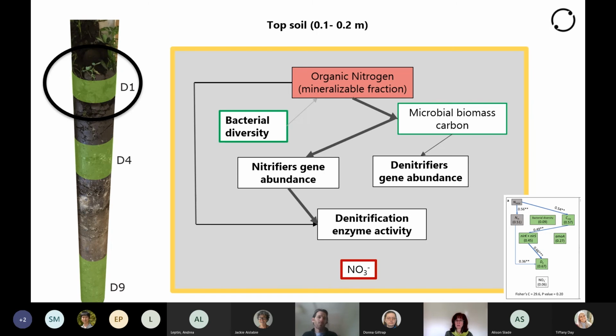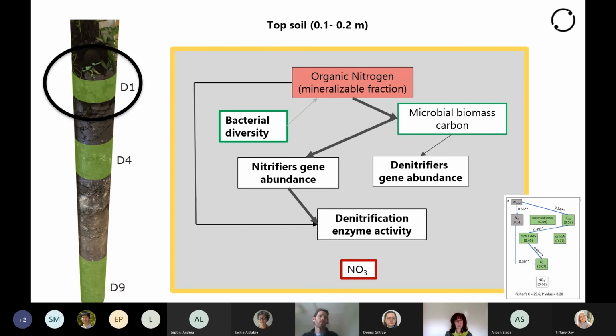So here are the results of the structural equation modeling for the topsoil, so the first 10 centimeters of the soil, which is from 0 to 10 centimeters. And what he found is that the denitrification enzymatic activity is strongly correlated with the abundance of nitrifier genes, which in turn are correlated with microbial biomass carbon and ultimately with the abundance of mineralizable nitrogen.